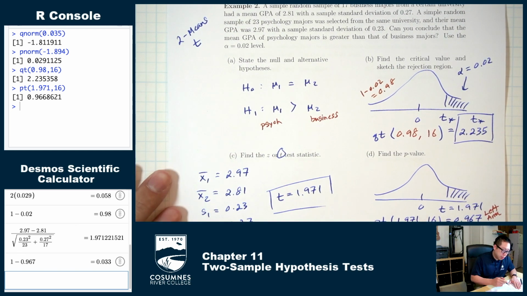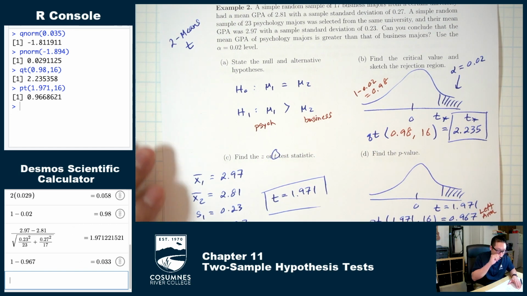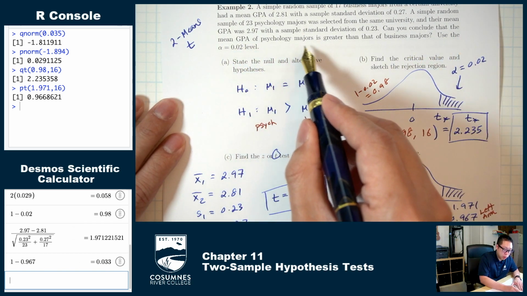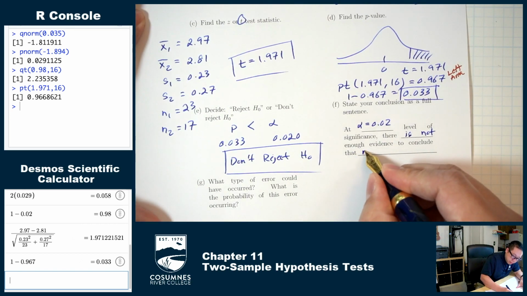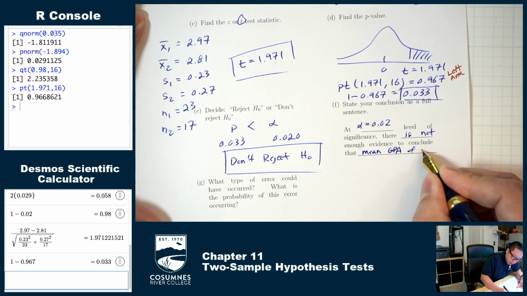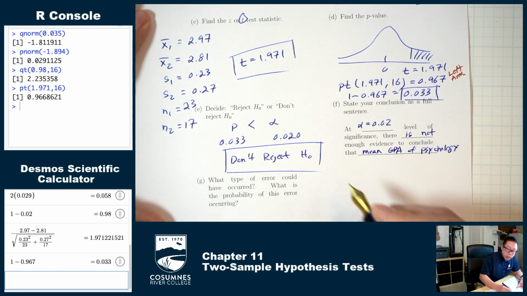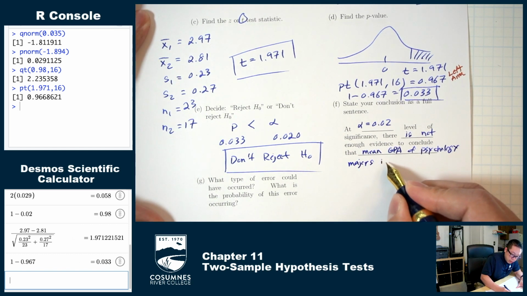H1 says the GPA of psychology is greater than GPA of business. Or go back to the question, can you conclude that the mean GPA of psychology majors is greater than that of business majors? So mean GPA of psychology majors is greater than that of business.